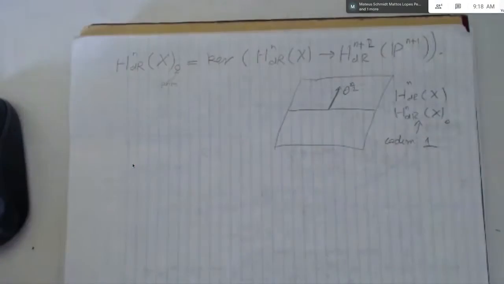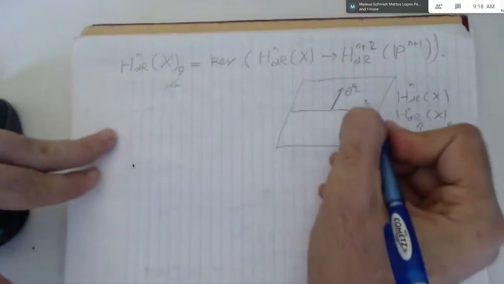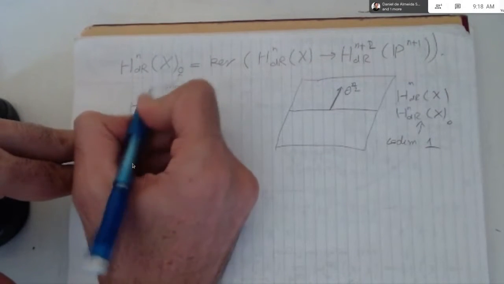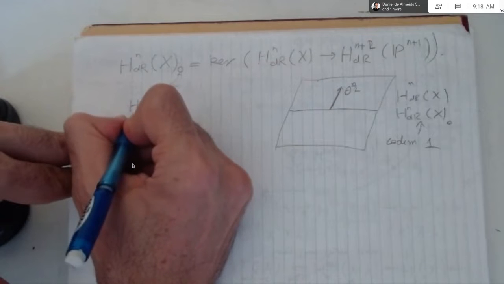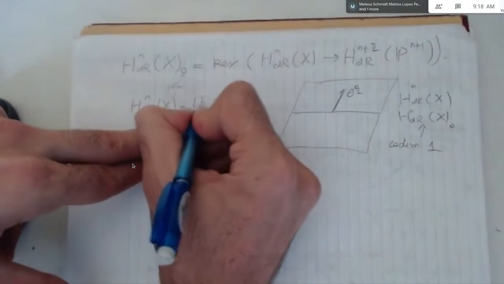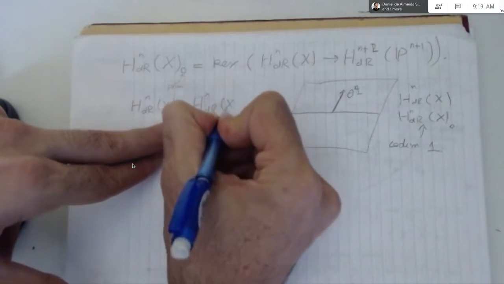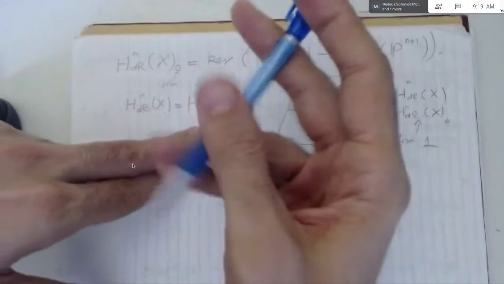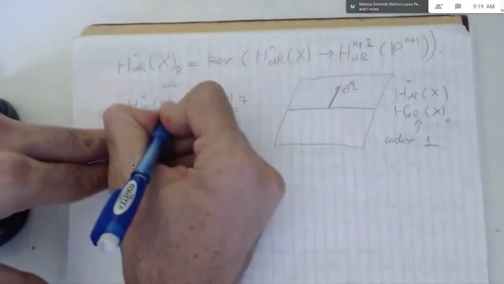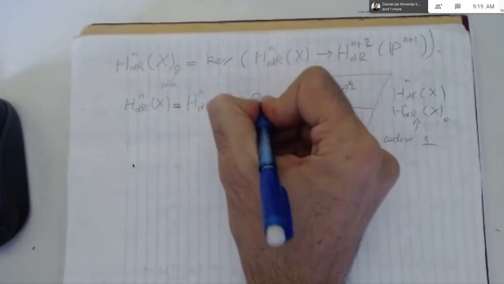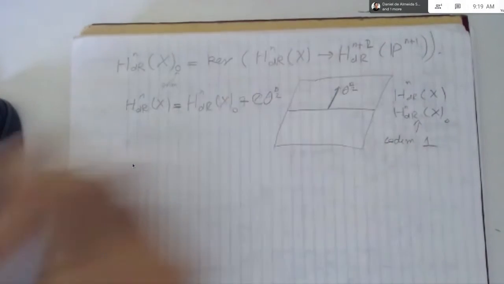And then we have this element, the polarization theta n half. At the end of the day, H^n de Rham of X is the direct sum of the primitive part and C times theta n half.